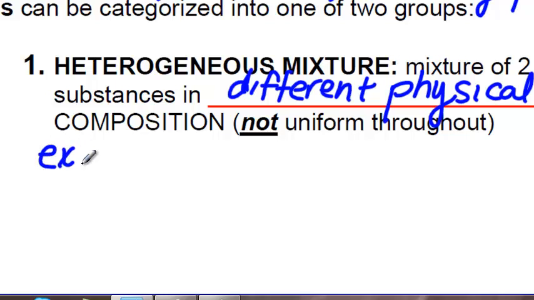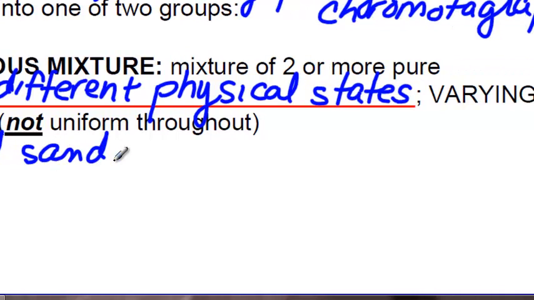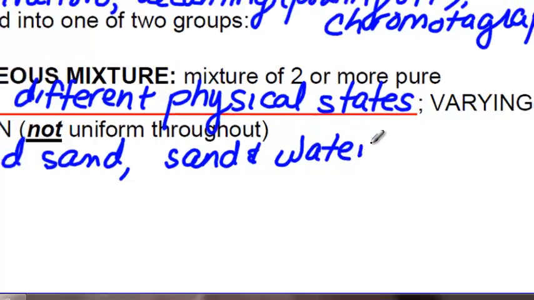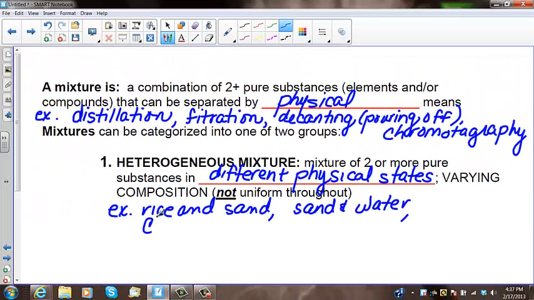Some examples of these could be rice and sand, it could be sand and water, and my favorite, chocolate chip cookie dough.